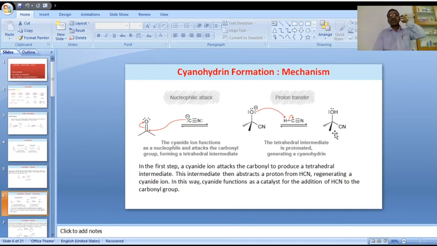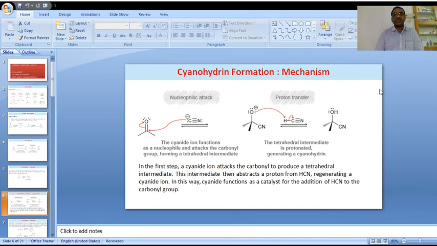Cyanohydrin formation mechanism. It is the clear mechanism part for this reaction. Here please observe. This cyanohydrin formation also proceeds in two steps.